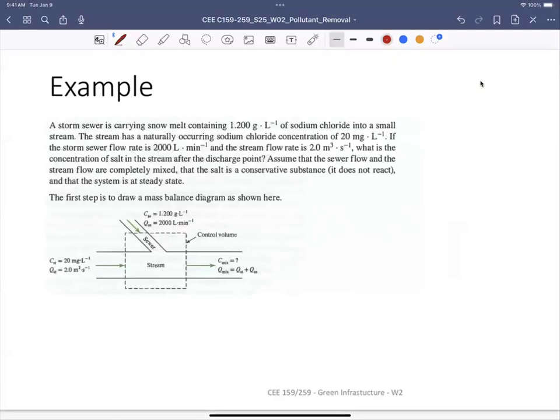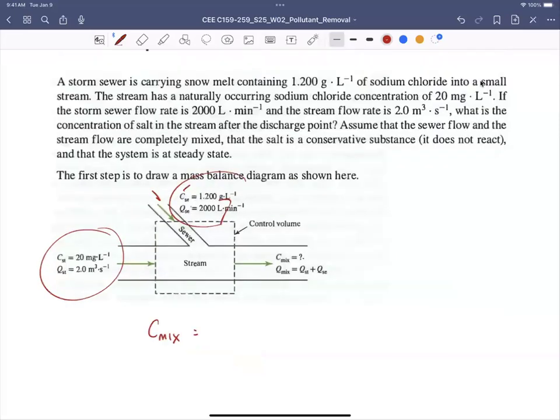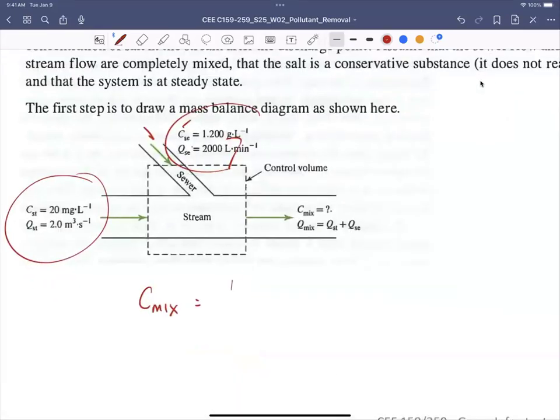So this is an example. Think of a storm pipe, and there is a concentration given, and it asks what the concentration is in the downstream. Based on the equation, the mix is going to be all the pollutants coming in here plus all the pollutants coming in upstream, combined together. So the mass of pollutant coming in the storm system is CSC times QSC.